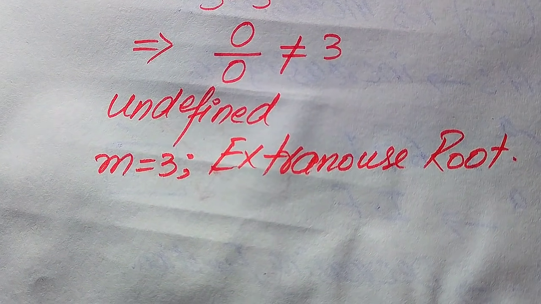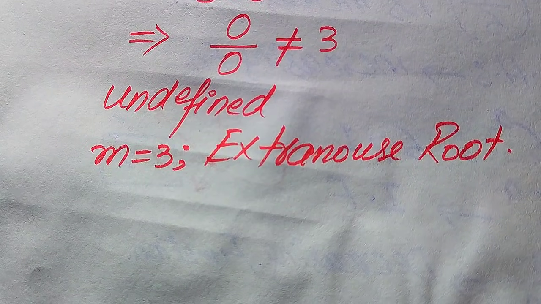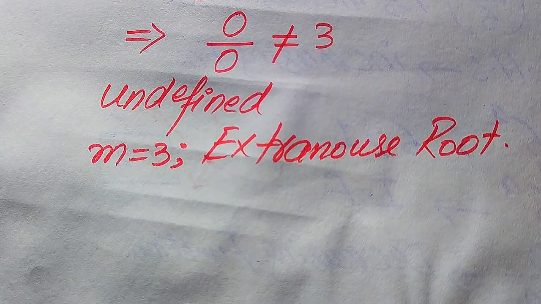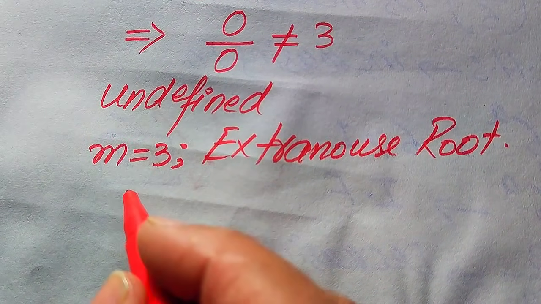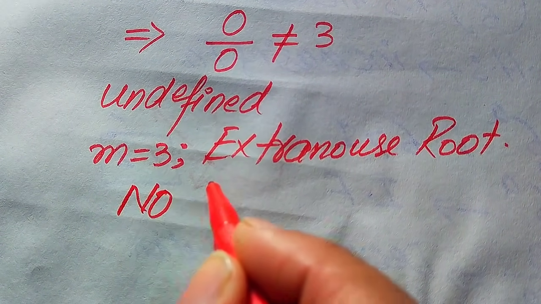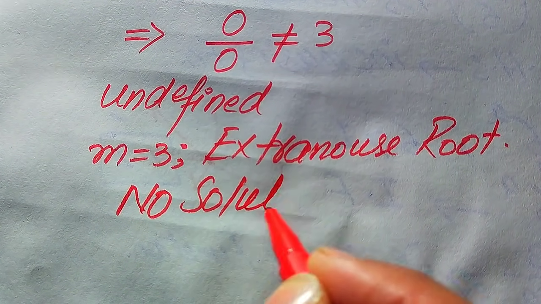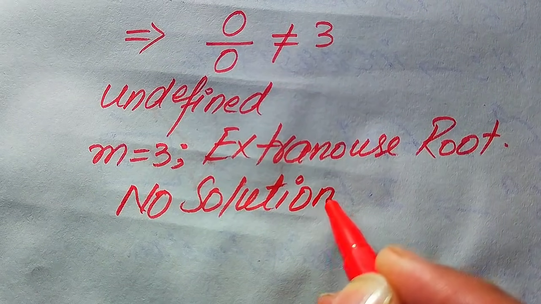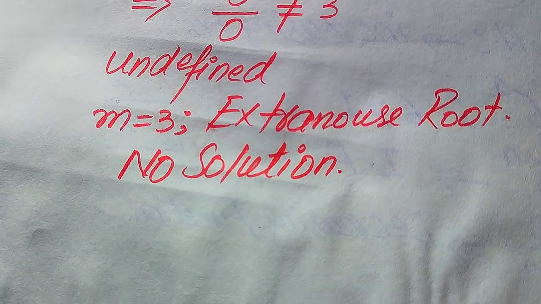The roots which satisfy our given question statement are called solutions, and the roots which do not satisfy our given question statement are called extraneous roots. Unfortunately, m equals 3 is an extraneous root, and we cannot get any other value of m which satisfies our given question statement. So this finally concludes that this question has no solution.